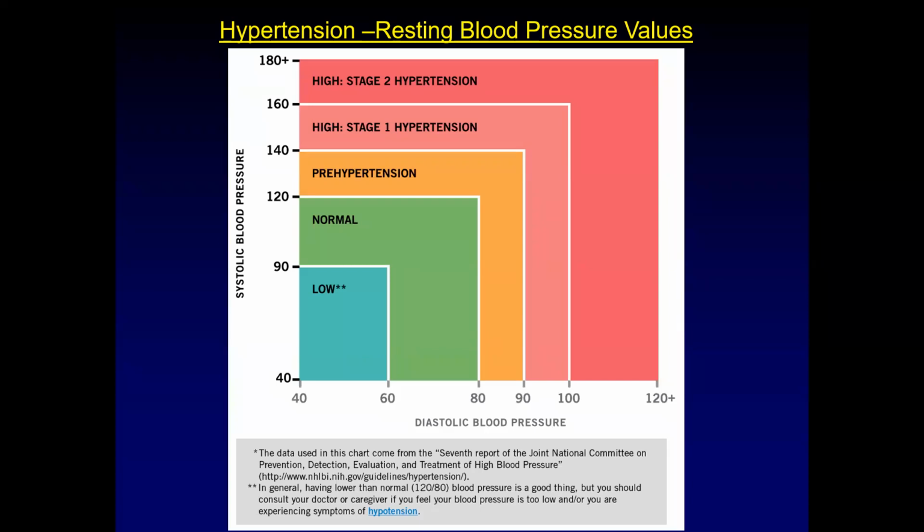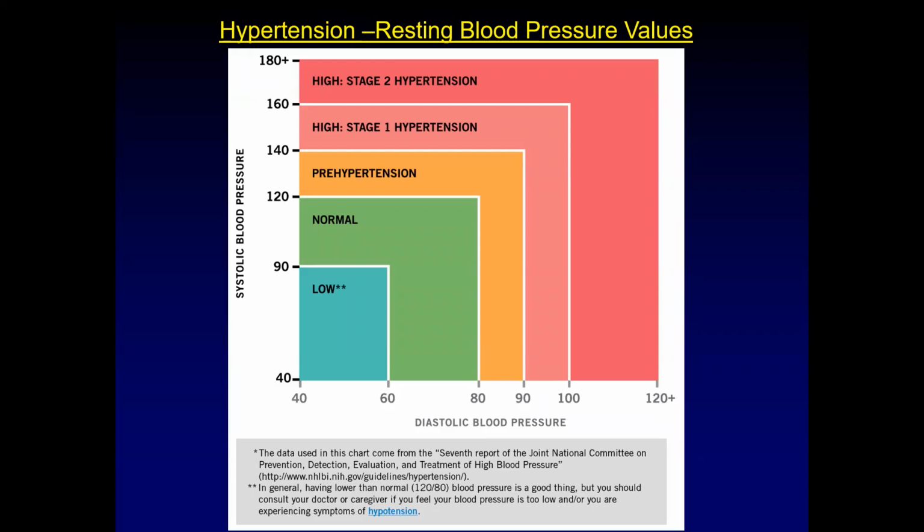Usually having lower pressure is good. If it gets to be too low, that can also be potentially a problem. The green area, systolic between 90 and 120, diastolic between 60 and 80, is considered normal.